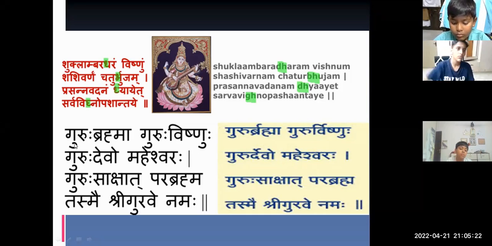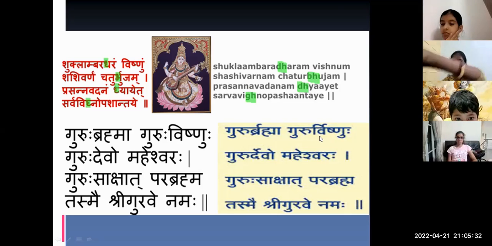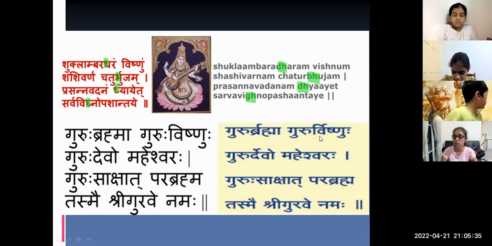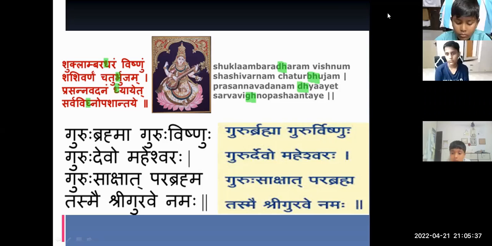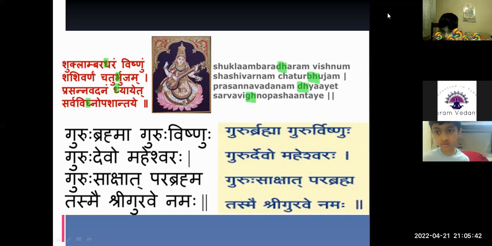Gurur Brahma, Gurur Vishnu, Gurur Devo Maheshwaraha, Guru Sakshat Parabrahma, Tasmai Shri Gurave Namaha.